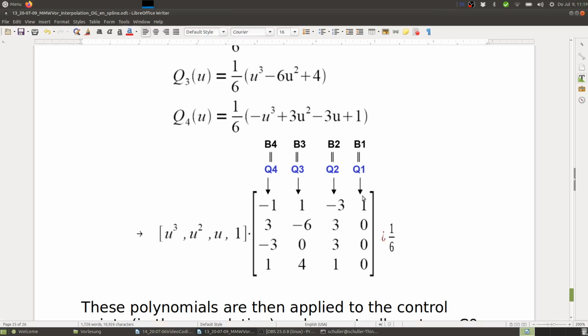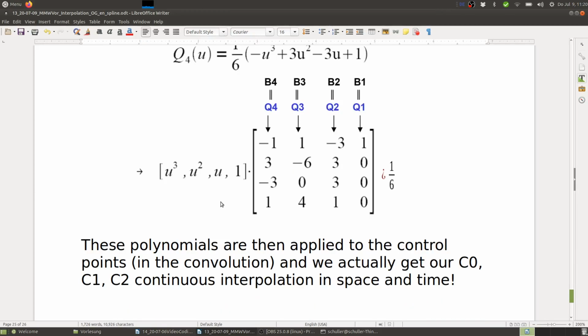So the last one here is Q1, then the one before is Q2, Q3, and Q4. And I factored out this factor 1/6 coming from here so that you have simple integer values in the matrix. And if you then multiply from the left-hand side with a vector containing the exponents of u, then you just obtain the 4 polynomials. So this is just a convenient way to write those 4 polynomials in a computer, right?